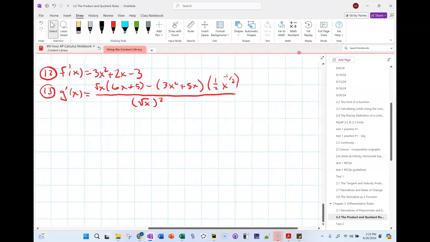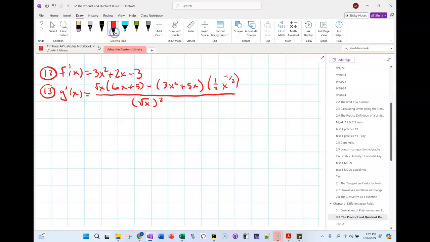So now we have to simplify this thing down, which is pretty yucky looking, right? So what would you want to do first to simplify this down? I hate this. That's the first thing I'd want to take care of. Why do I hate this? It's like a fraction in the numerator, right? Because the negative exponent means like 1 over.